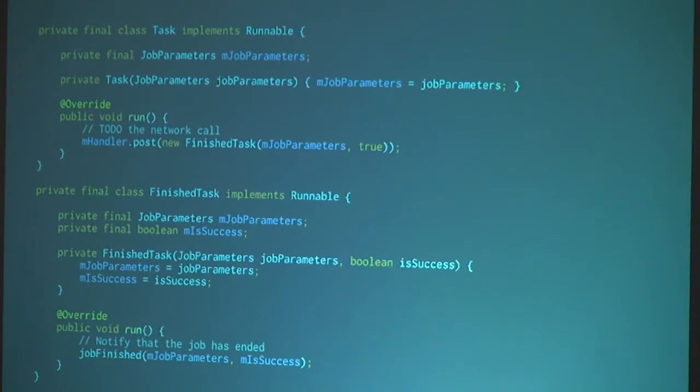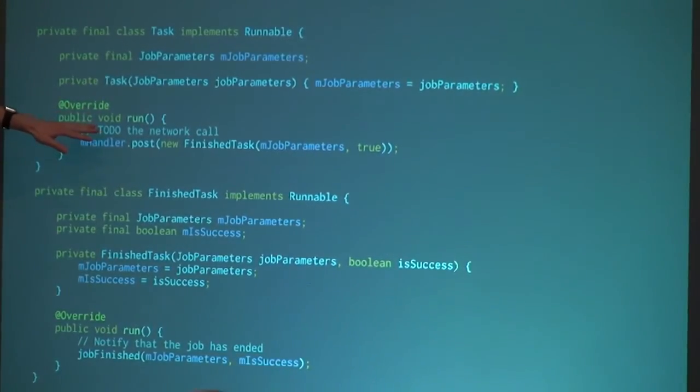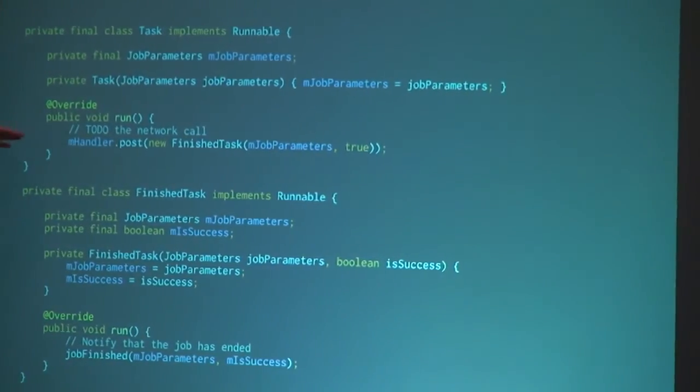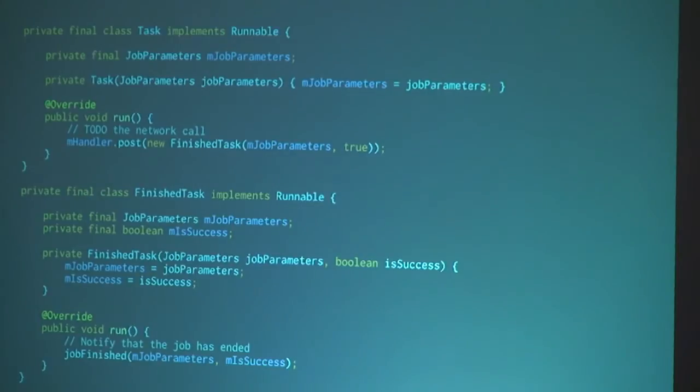Then we can have, for instance, a little task which implements Runnable, which takes some job parameters. It will do the work in the run method. When we are finished, that's a third important part of the API of the job scheduler, we need to indicate that we finished our job.